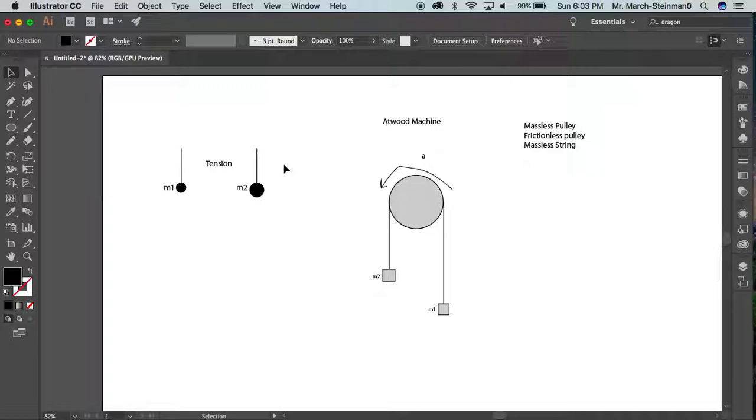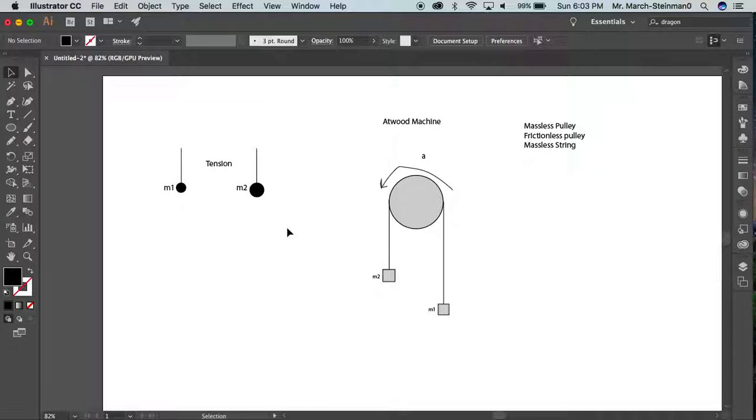If M1 moves down, M2 moves up the same amount. And they have the same amount of time it takes for them to do that. So if we consider the displacement over time and the velocity over time, it's as if they're connected. One moves, the other moves. So the tension of the string is going to be uniform. Their acceleration between each of them should be the same.